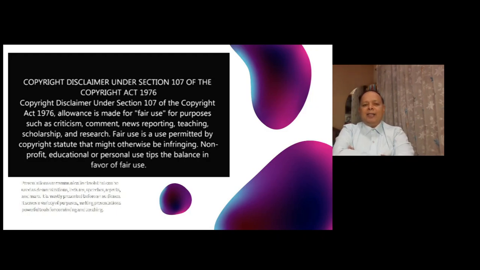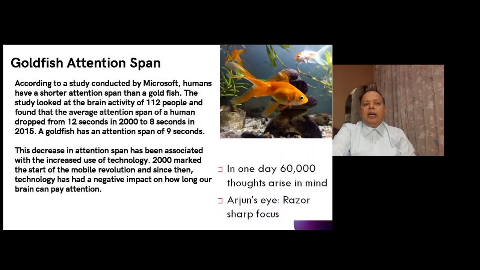Basically, this is a best practice because people put lot of efforts in coming out with resource material, and we should be very honest in acknowledging their efforts. And therefore, in the entire presentation, I'll be using many images, many resource materials, and I have made it a point to acknowledge all the sources. And this comes under the fair use clause of the Copyright Act. Let's go ahead.